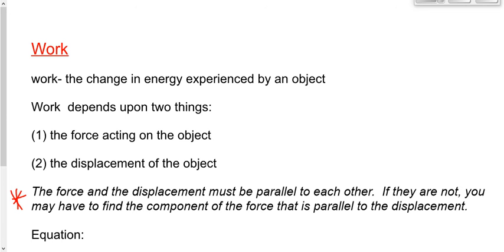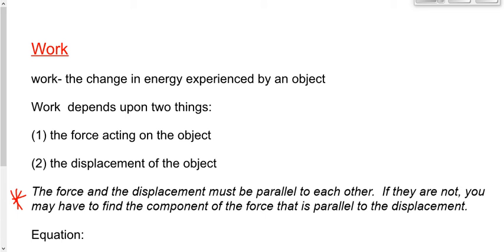I'm not causing the wagon to speed up. I'm not increasing or decreasing the energy of the wagon by jumping onto the wagon. So applying a force vertically with motion horizontal doesn't do anything.